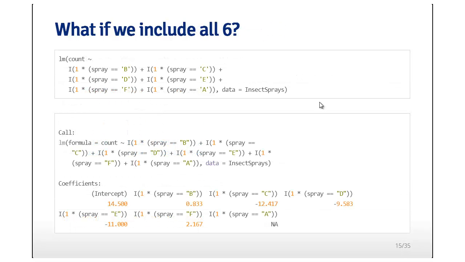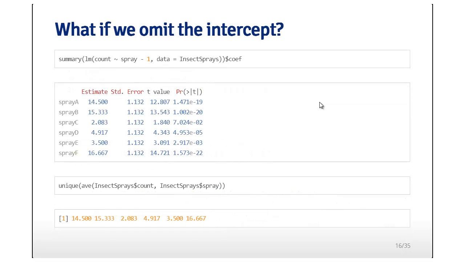On the previous page, we talked about how x6 is a function of the others if you include an intercept. You need that 1. If you don't include the intercept, it's not a function of the others, right? It's no longer redundant. And then what happens is, if you omit the intercept, then it includes all 6 sprays.